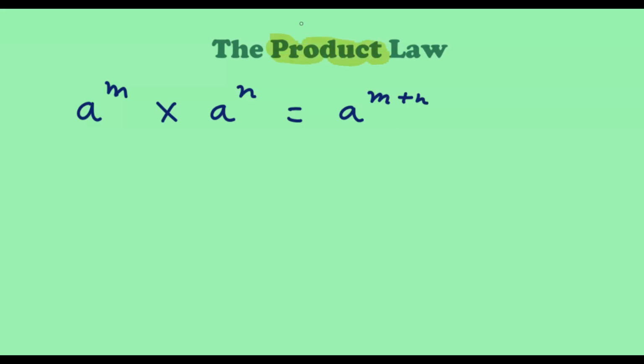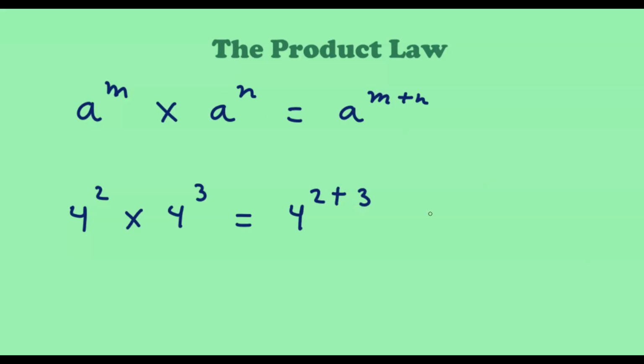And this tells us information about the product a to the power m times a to the power n. So let us consider an example. Let us consider 4 to the power 2 times 4 to the power 3. Using the product law, this will be equal to 4 to the power of 2 plus 3.